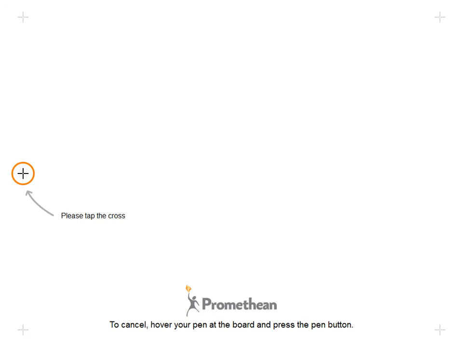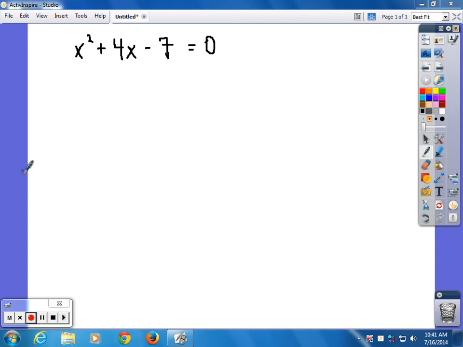And algebraically, you can find those places by doing reverse FOIL, quadratic formula, or completing the square. Usually when you have a problem like this, it's called a quadratic equation, and I showed this to y'all the other day.